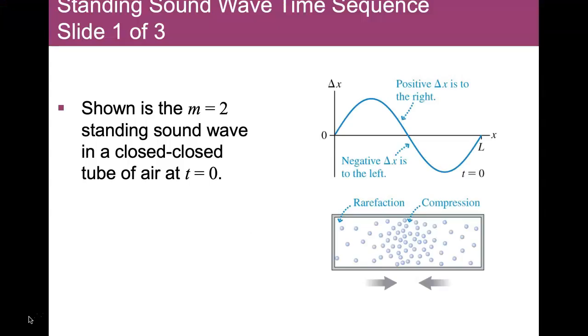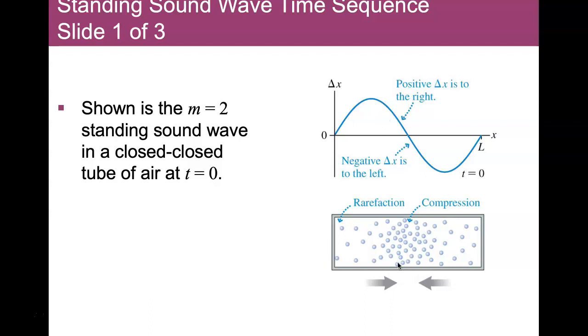So let's take a look at one example. This is the case where you have two closed ends, and then the displacement is 0 here and here, and this is the m equals 2 sound wave.